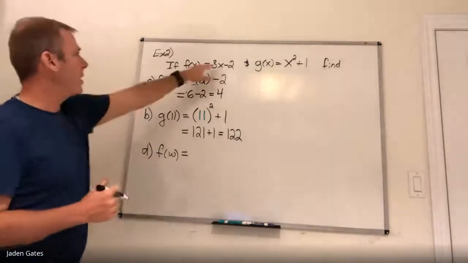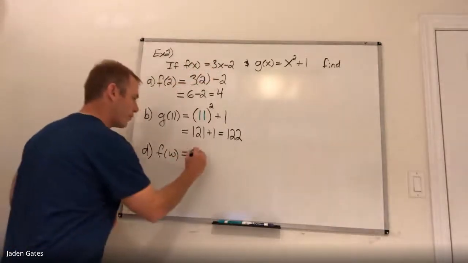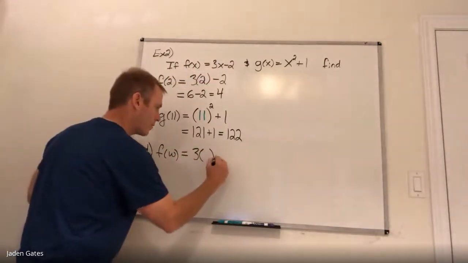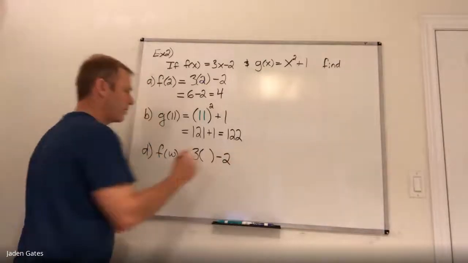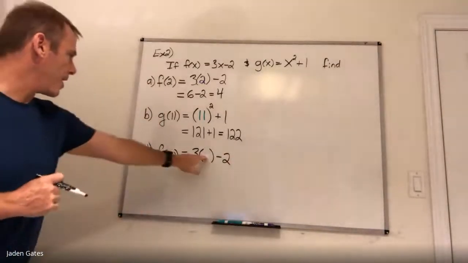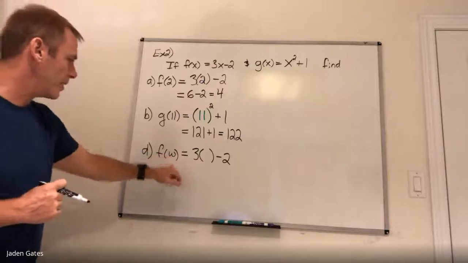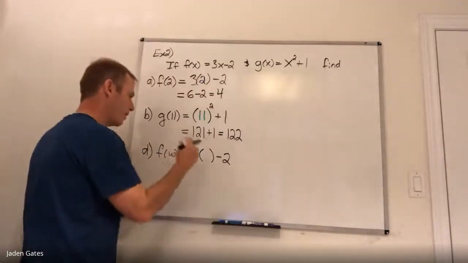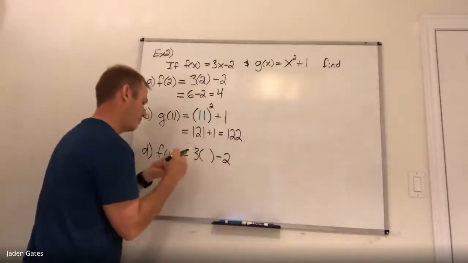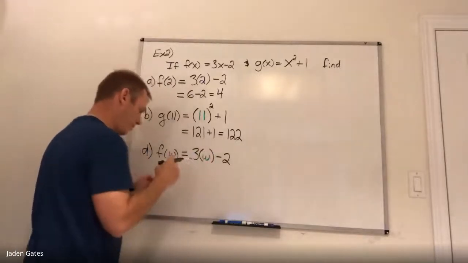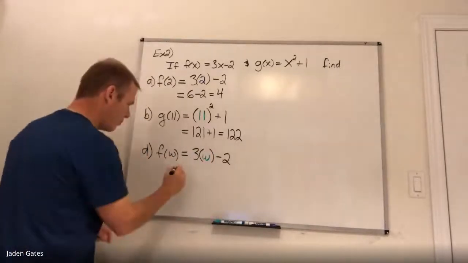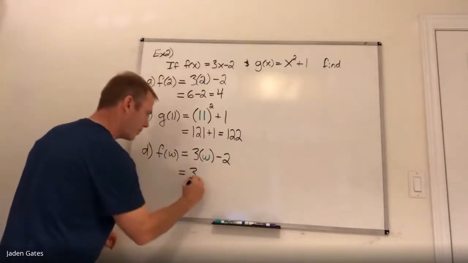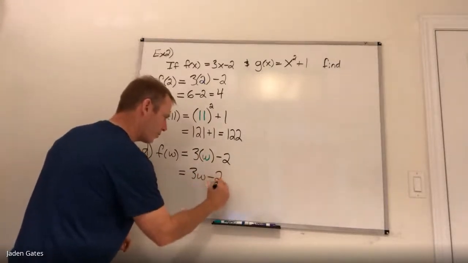And so I still have my f equation here, which is the 3x minus 2, but I'm substituting out x, so I'll put it in there like that. I have a bracket. Function notation is telling me to put a w in there. There's my w. And so, well, 3 times w is 3w minus 2.